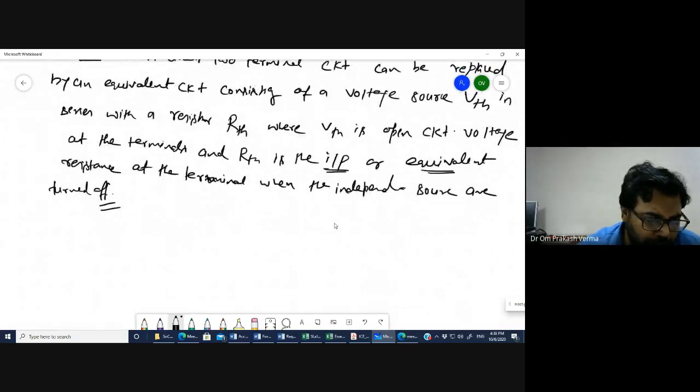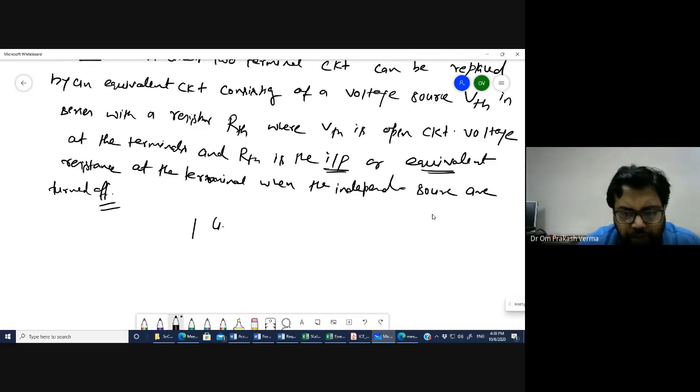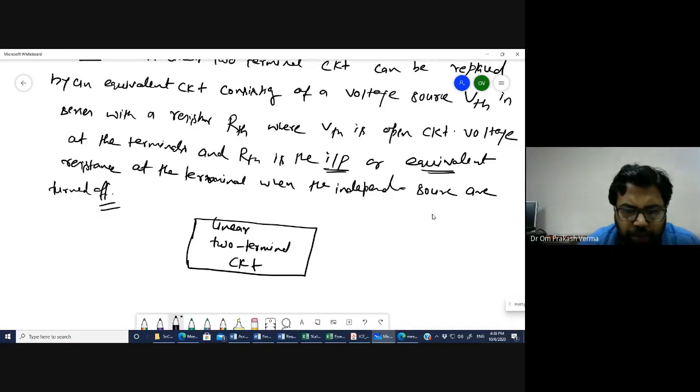Now come to the next problem. Let's see how it will be calculated. Let's say it is one linear two terminal or bidirectional circuit. Any circuit is there, and I am representing it with the help of a block diagram, and it is connected with some load.